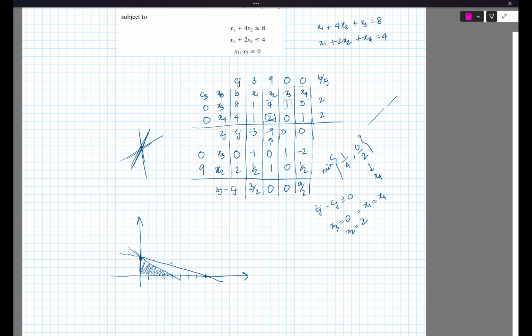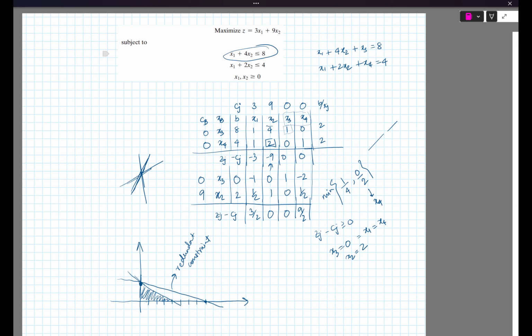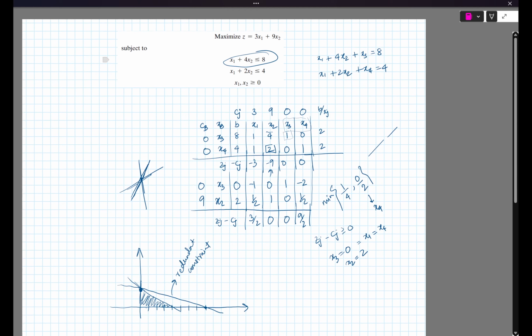So this one is a kind of a redundant constraint, right? Redundant constraint. This one. Okay.